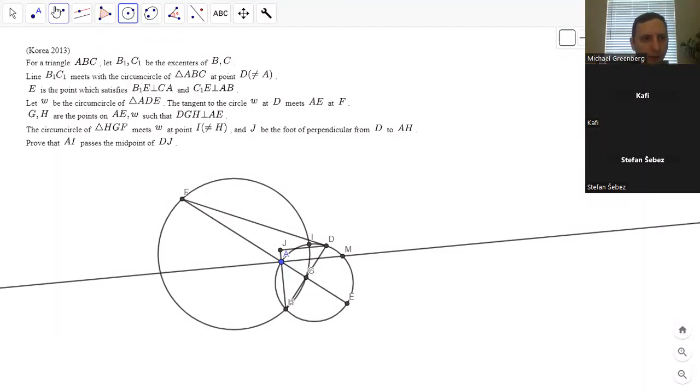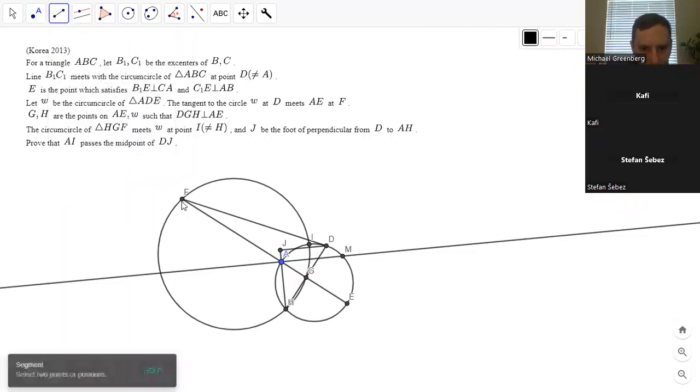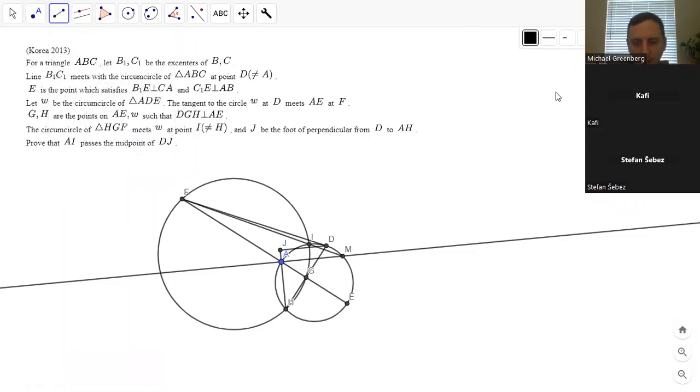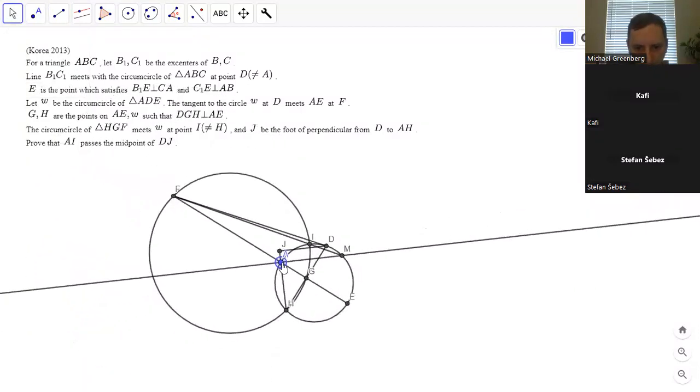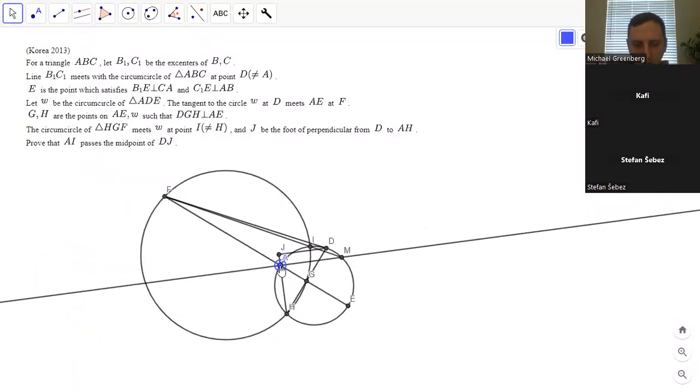I wonder if F, I, and M are collinear. It looks like it. So yeah, if we could show F, I, and M are collinear, then we could probably, because we know FD and FH are both tangents.